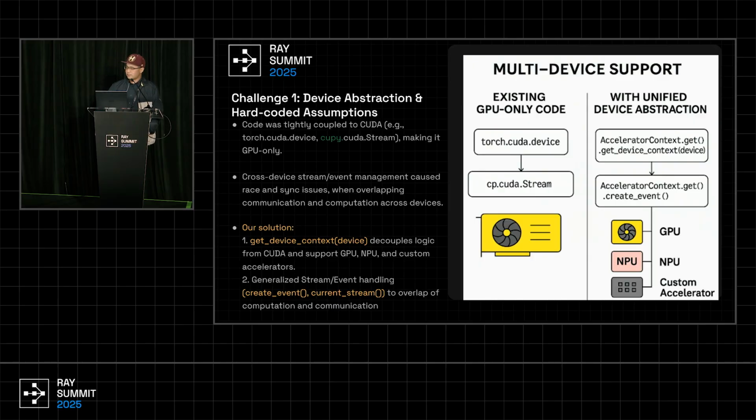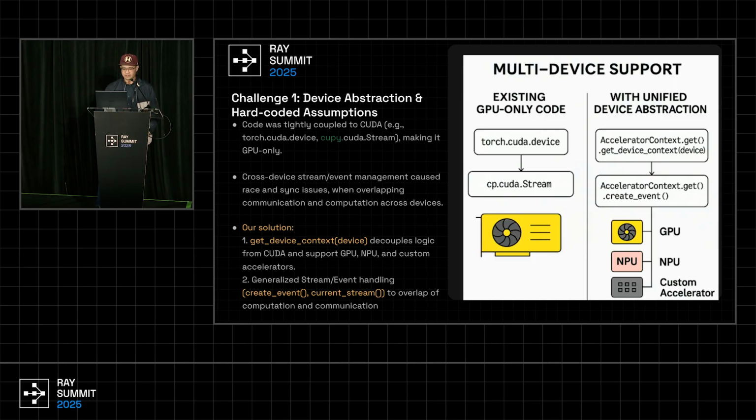So there were a couple challenges when we extended this support to Ascend NPUs as well as other accelerators. Previously, the code was very tightly coupled to CUDA and CuPy libraries and assumed a GPU execution model. For NPU and other hardware, they have different memory models and also different intrinsics for cross-device stream and event management. Things like synchronization, barriers, and so on.